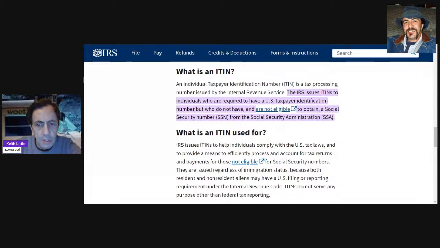The IRS issues ITINs to individuals who are required to have a U.S. taxpayer identification number, but who do not have and are not eligible to obtain a Social Security number. Social Security is a voluntary act. It's totally voluntary. You do not have to have a Social Security number.